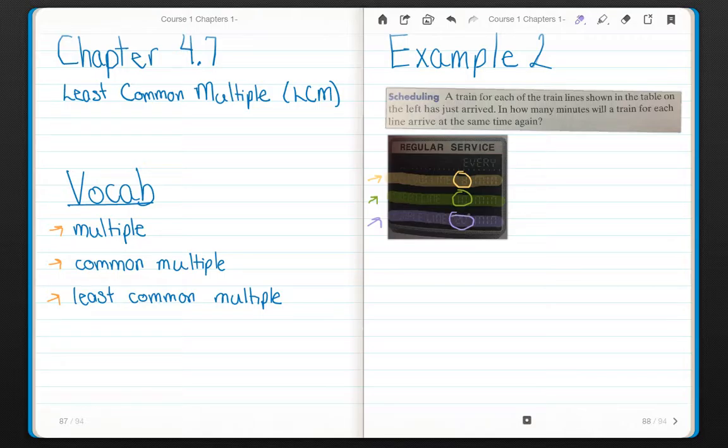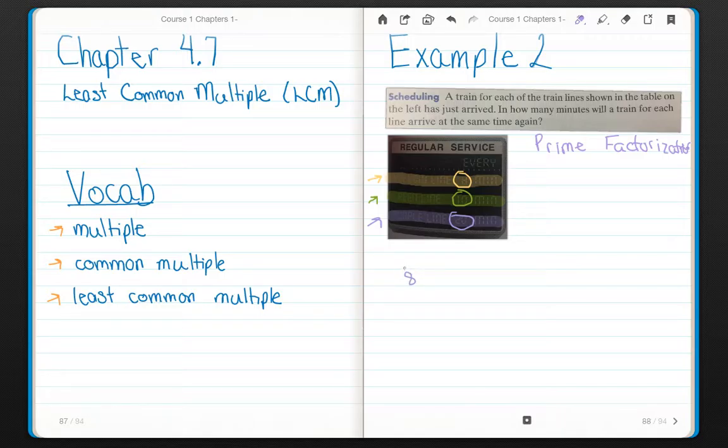For this one I'm going to use prime factorization. I could make a list, but what I would like to do instead is use prime factorization.